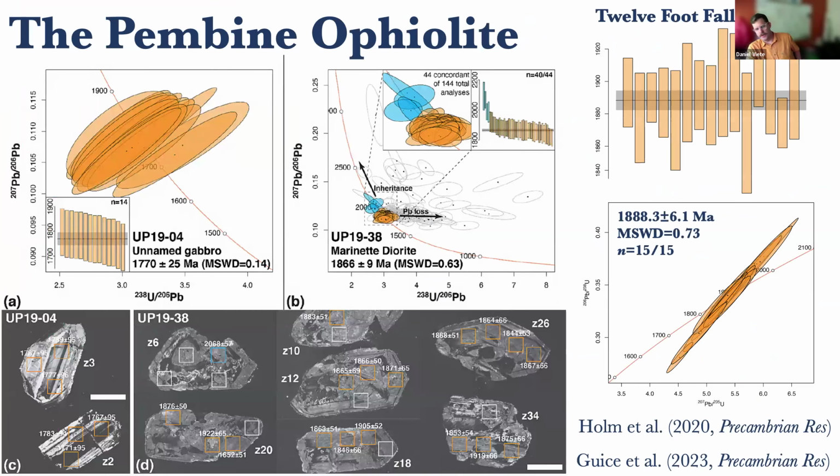As well as these two units, there are other published data from the Pembine area, and this here is the 12-foot Falls diorite. It's a dioritic body that intrudes the volcanic stratigraphy of the Pembine area, and it has a pretty precise date of 1888 million years ago.